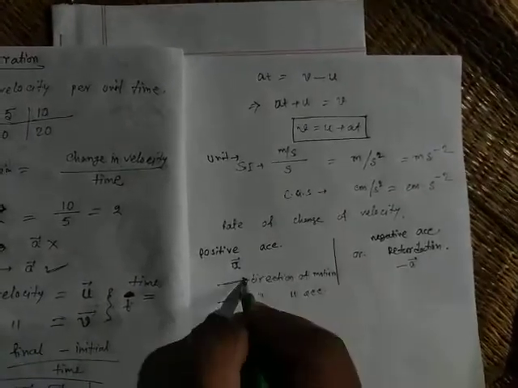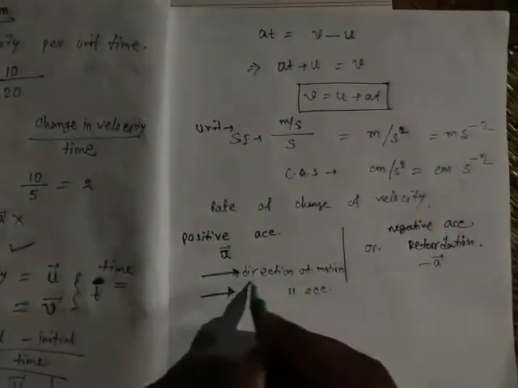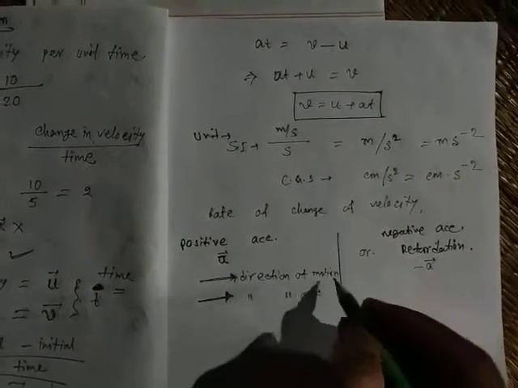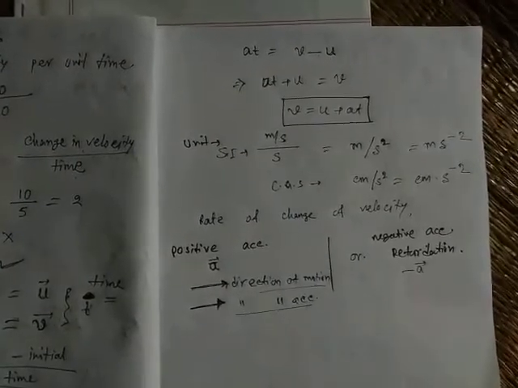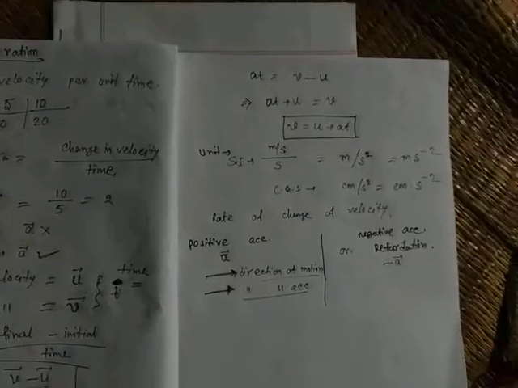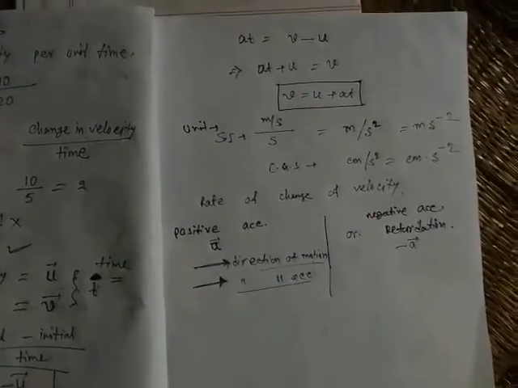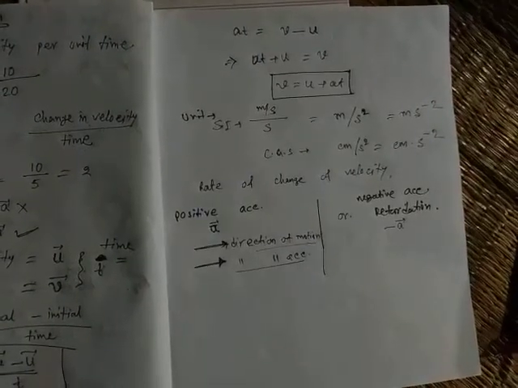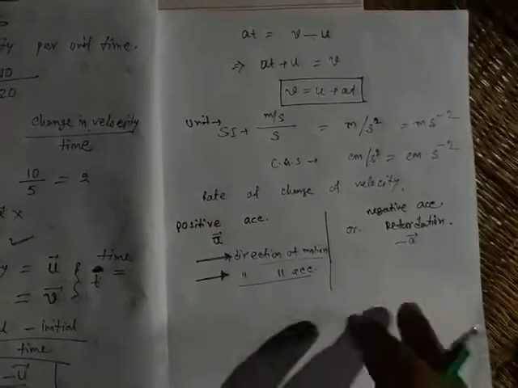Clear? The direction of motion means the direction in which the object is moving. Clear, everybody? Understood what is positive acceleration? If you accelerate the bike, what happens? Speed increases.